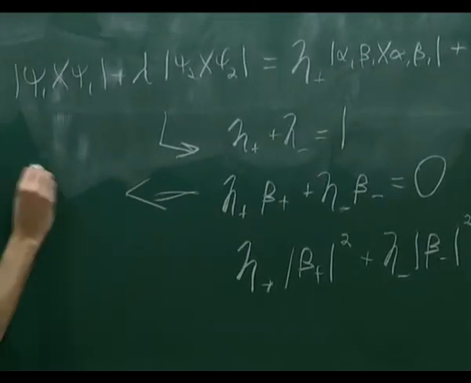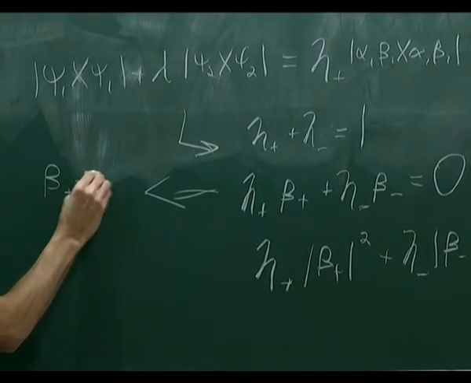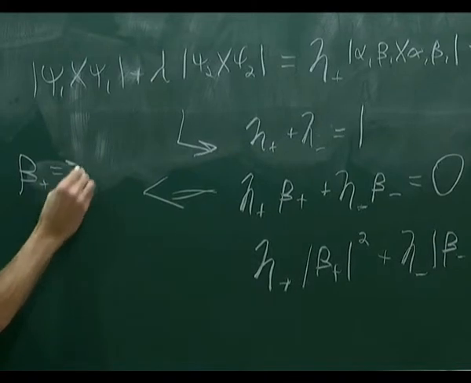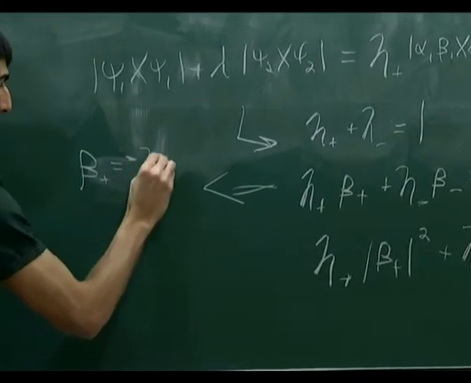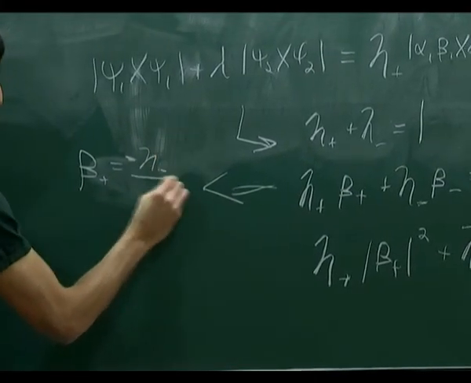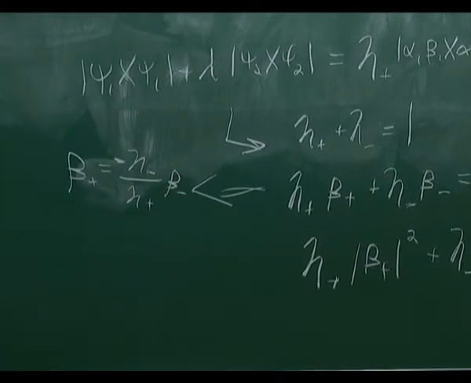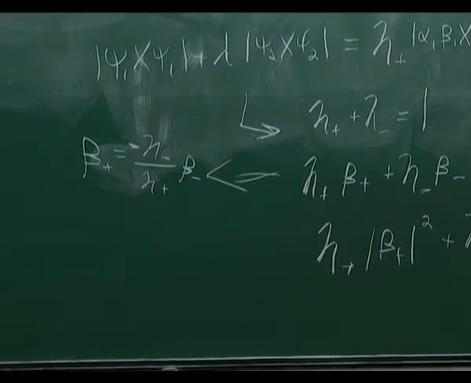Because we can write this equation here. That one implies that beta plus is equal to minus eta minus over eta plus beta minus. And so this gives us the first condition here.